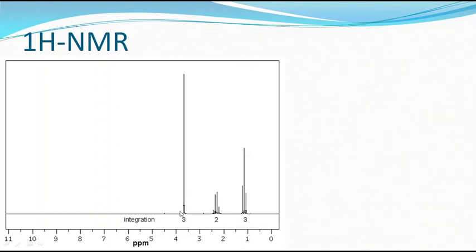It cannot be amine because we don't find any peak of NH in the IR spectra, and if it is amine, it cannot be 3. Okay, it may not be alcohol also. If it is alcohol, the integration value can be only 1, and we don't find any alcohol OH peak in the IR, and therefore it is either ester or ether, but the possibility is more for ester.